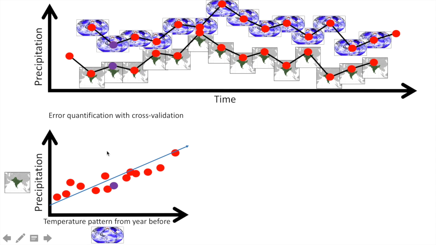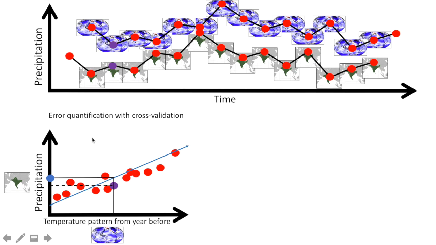And then you can bring back in the test data point and use the statistical relationship that was only defined using the training data to make a forecast for precipitation based on the test data's surface temperature pattern. And then you can compare that to what the precipitation was for the test data itself.